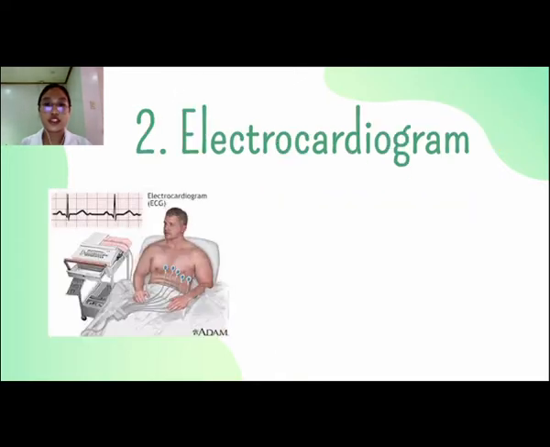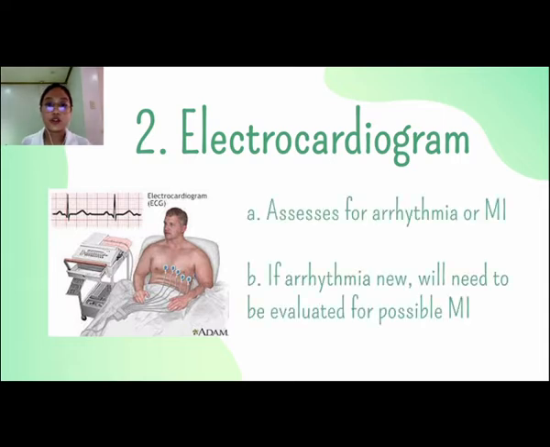Next is electrocardiogram or ECG. This will assess for arrhythmia or myocardial infarction, and if the arrhythmia is new, we will need to evaluate for possible myocardial infarction. By using this, we can localize the myocardial infarction and determine the occluded coronary artery.